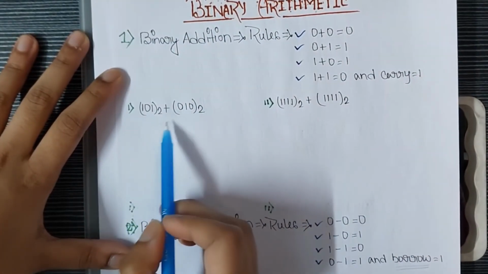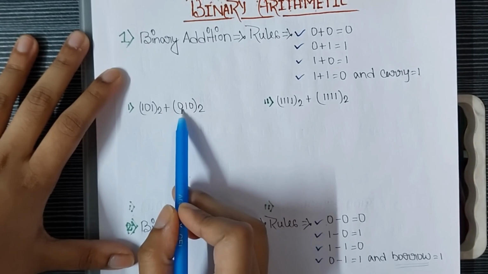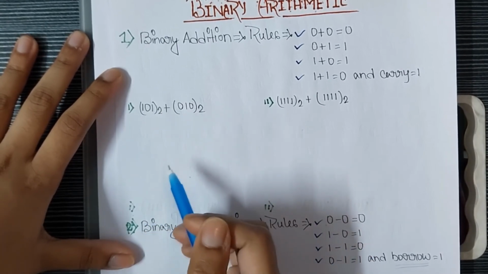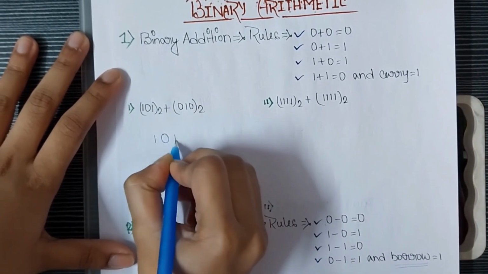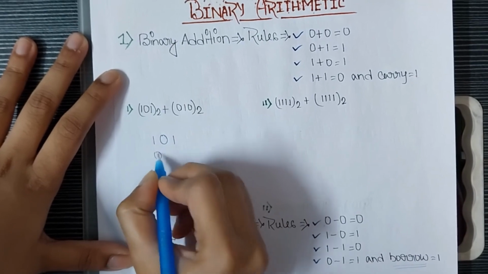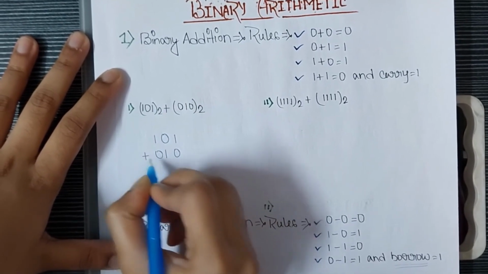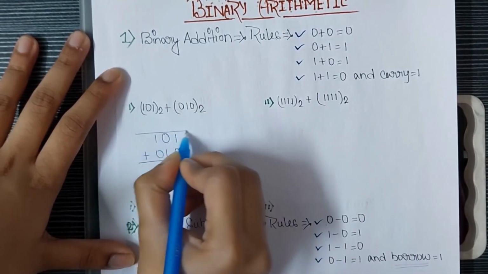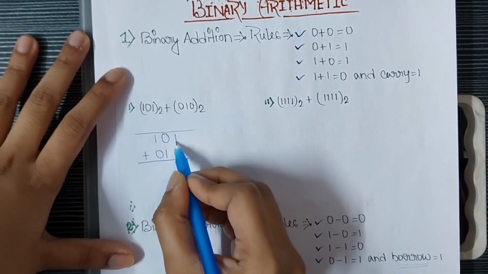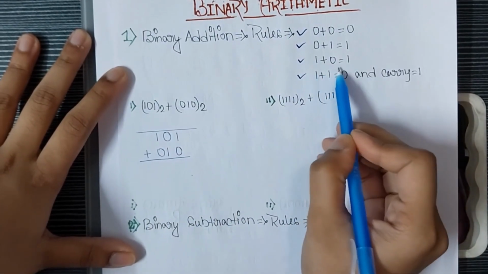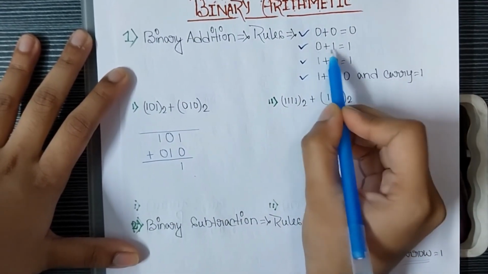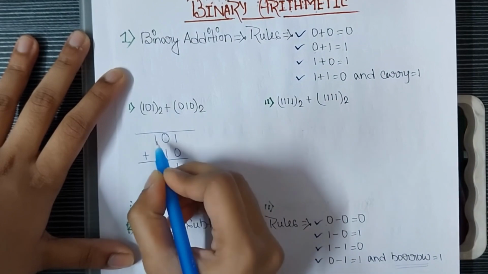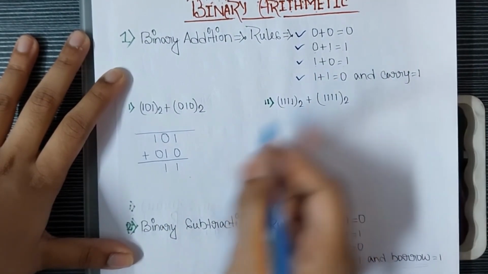Our first problem is 101 and we have to add with it 010. First I will write these two numbers, 101 and 010, as we write in normal addition. So 1 plus 0 is equal to 1, 0 plus 1 is equal to 1, and again 1 plus 0 is equal to 1.